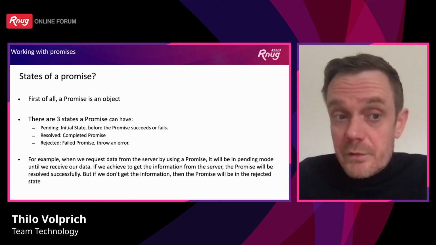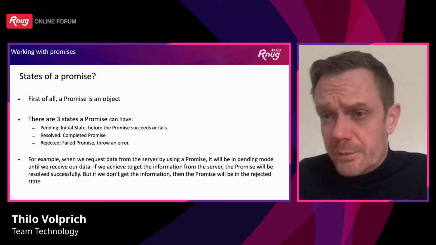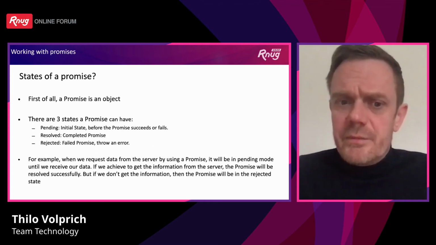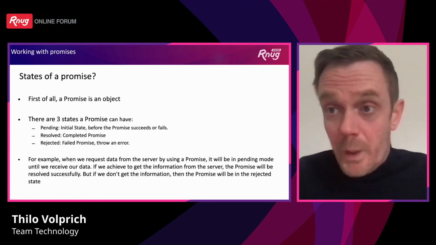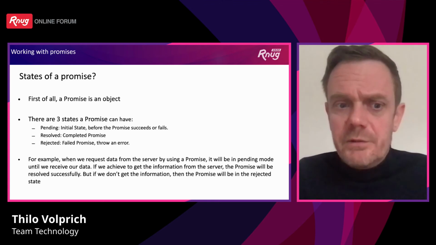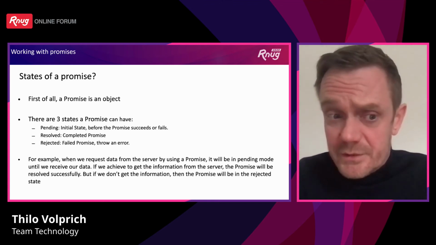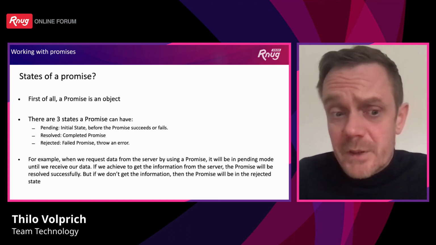States of a promise. First of all, a promise is an object. In JavaScript, everything is an object, nothing special. A promise can have 3 states. Pending, this is the state when we call it and we wait for a response. Resolved, everything works and we got a positive result. Or rejected, it's a failed promise and throws an error.